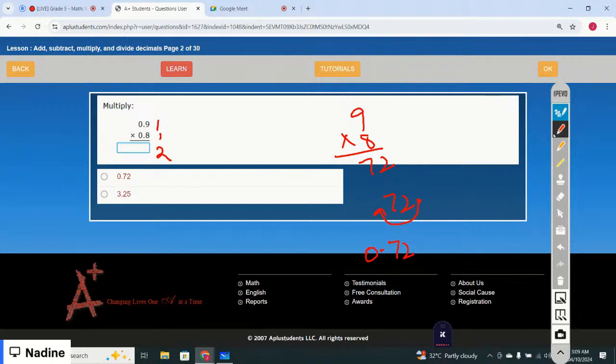That is 0.72. Got it? The correct option is 0.72.